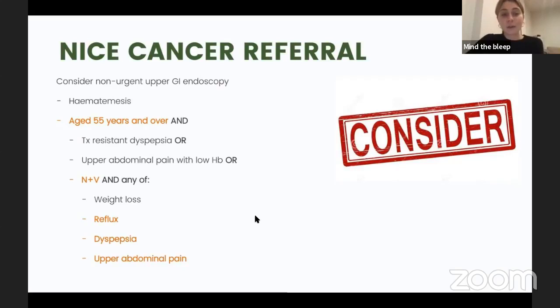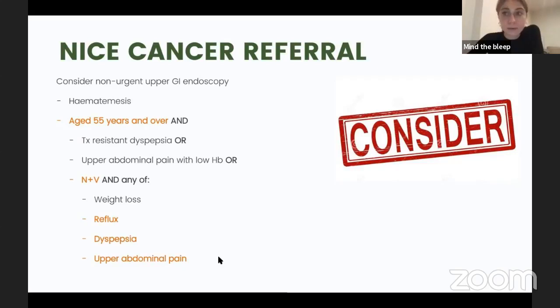So you can see why it's really important to ask about all of those symptoms, because it lets you decide if the patient needs an urgent referral, non-urgent referral, or does not need an endoscopy at all.